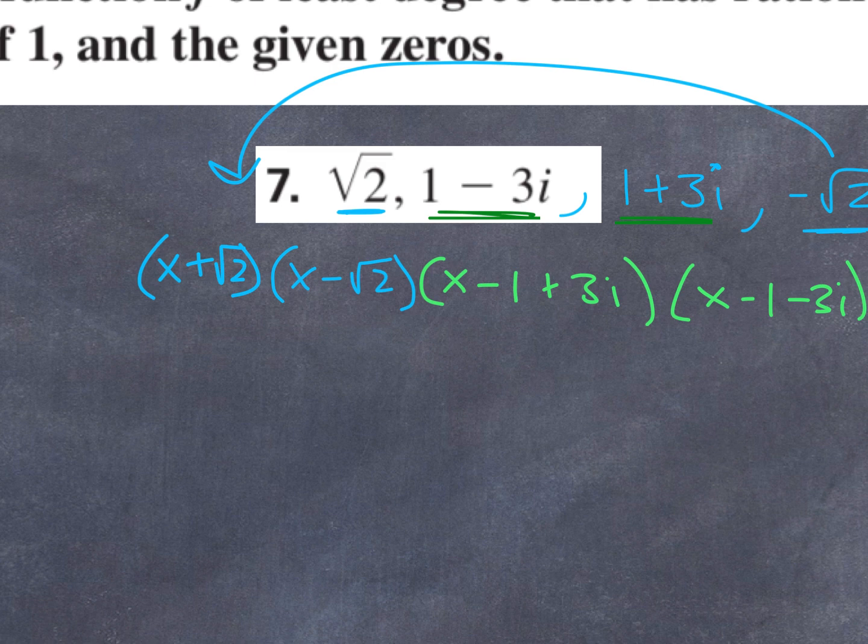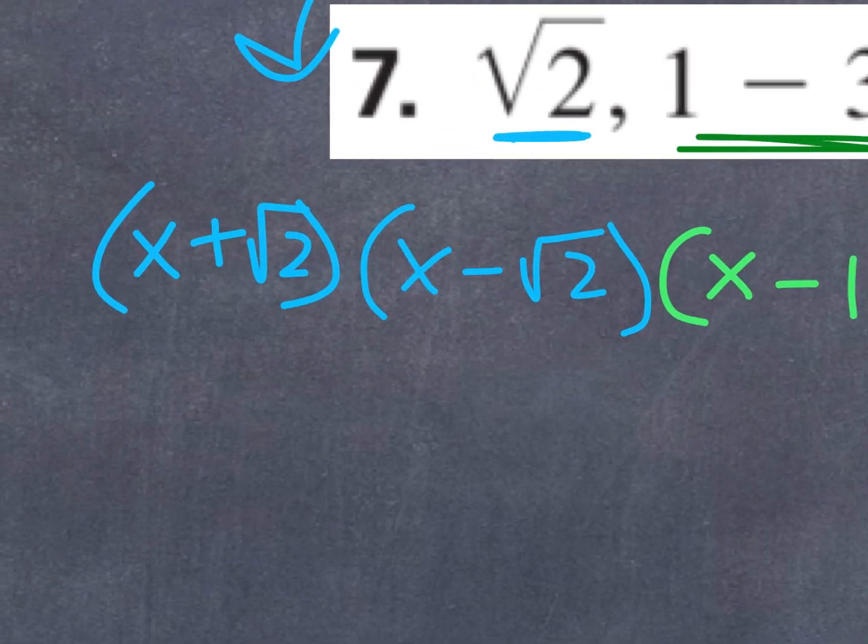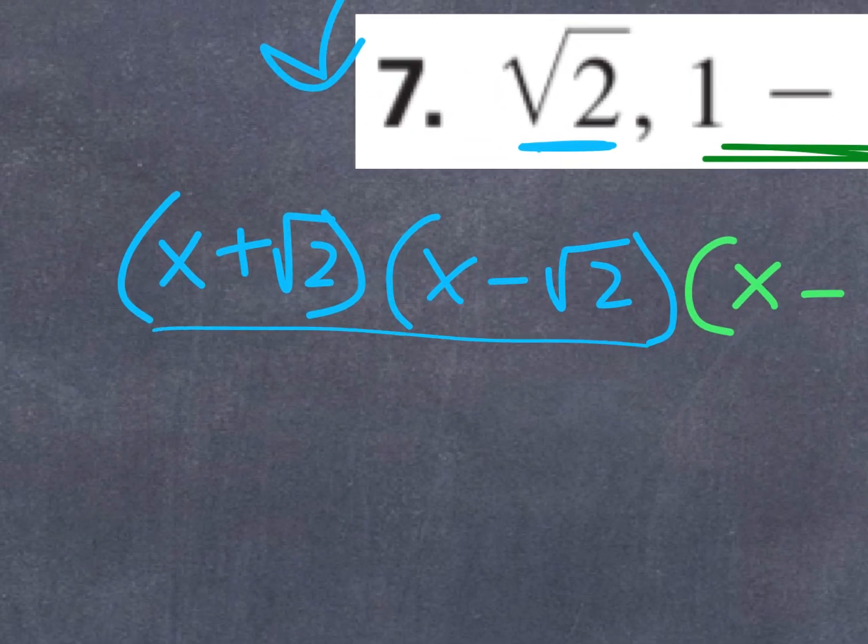All right, so let's multiply our conjugate pairs now. So I'm going to start by multiplying the first two together. So with these, you could either FOIL or you could use your conjugate shortcut. So I'm going to use the conjugate shortcut just so we can practice. It's a squared minus b squared. What's our a?